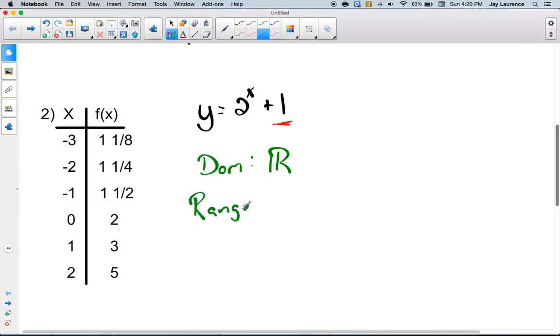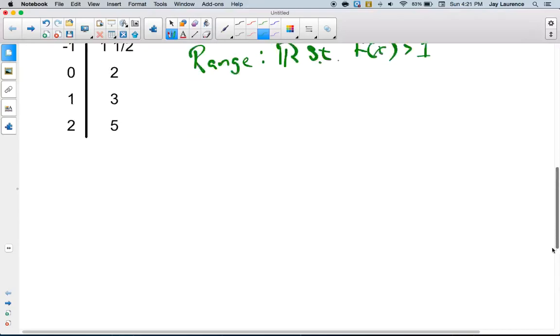The range is going to be all real numbers such that f of x is greater than 1. Yeah, all the y values in this input-output table will be greater than 1, guaranteed. All right, one more and then we'll wrap up the video.